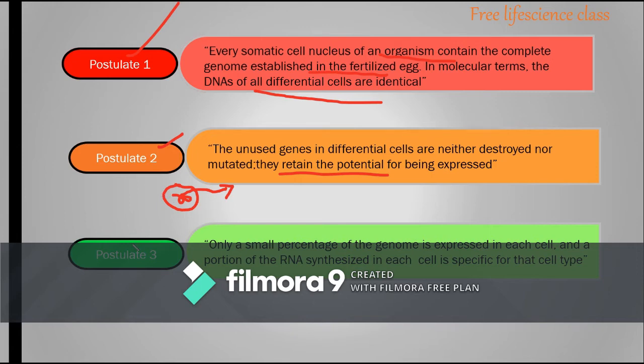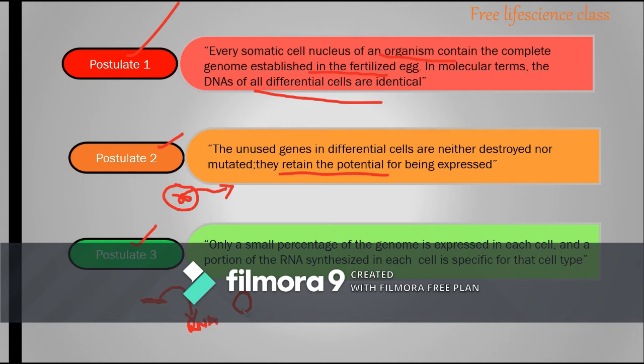Okay. And then postulate number 3. Postulate number 3 says that only a small percentage of the genome is expressed in each cell and a portion of RNA synthesized in each cell is specific for that cell type. We already discussed this. Only a very small percentage of the DNA is expressed in each cell, and these genes synthesize RNA only for the function of this cell.